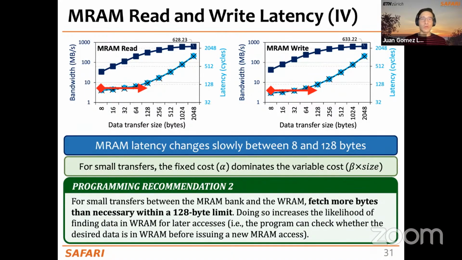And to do so, the only thing that we're going to need to do in our code is check whether a particular address has already been brought to WRAM before going to MRAM to fetch new data.